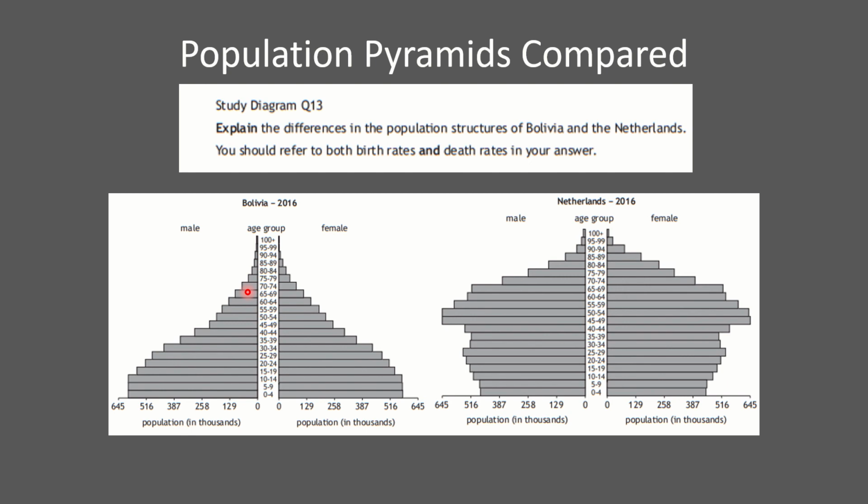So I'm only going to briefly demonstrate this because I've really covered all the fundamental basics. But you could say Bolivia has a high birth rate, whereas the Netherlands has a lower birth rate. There is a difference. The reason for this is that in Bolivia, they lack access to contraception.